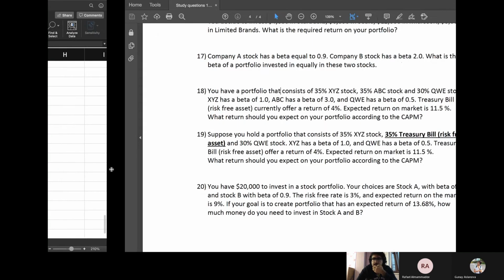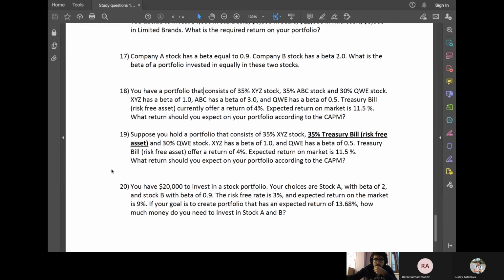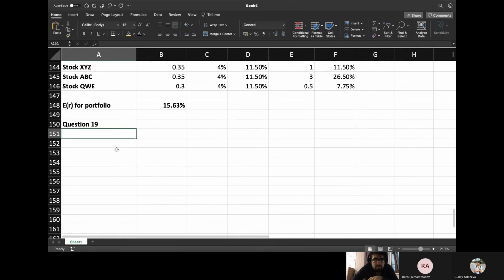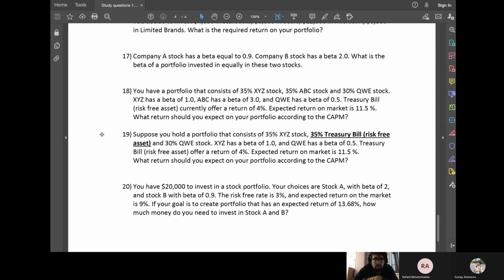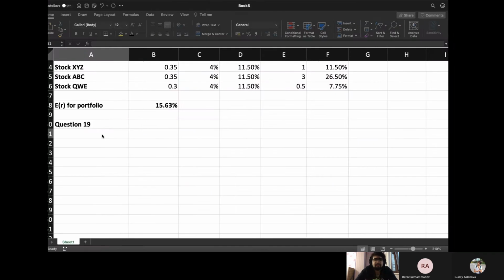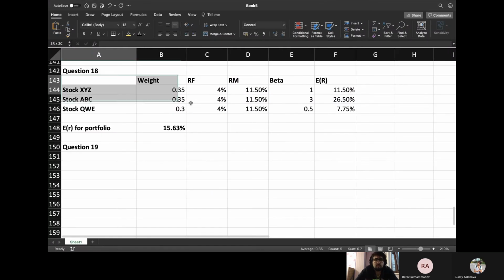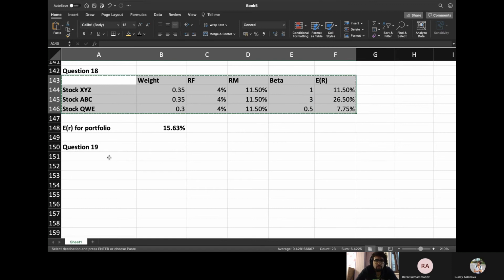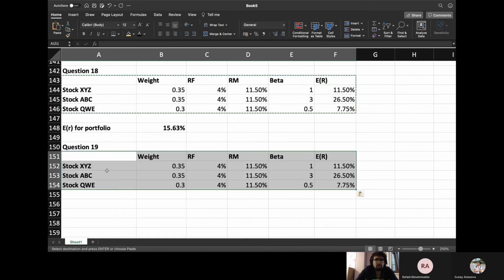Question 19. Suppose you hold a portfolio that consists of 35% XYZ, 35% Treasury bill, and 30% QVA stock. Again, the same. Let me copy down the formula here.